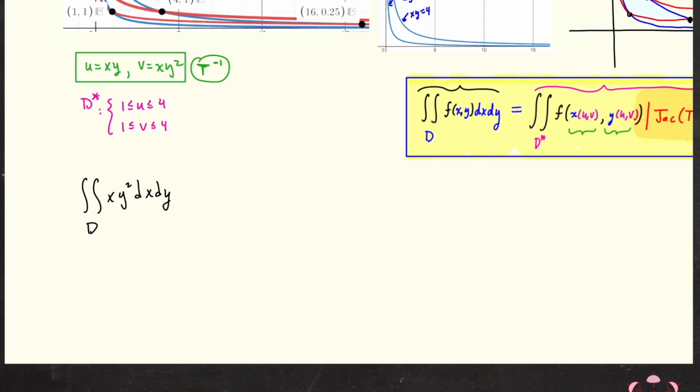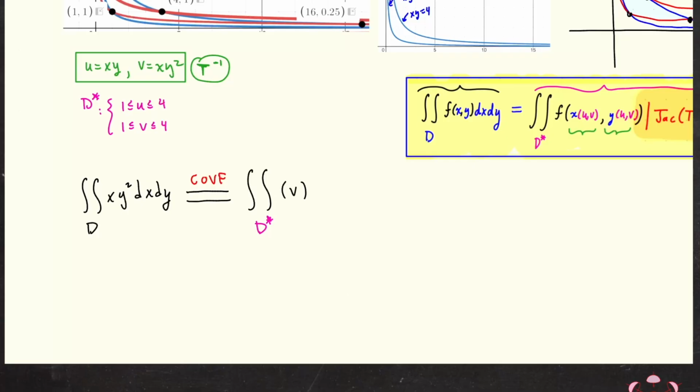Okay, so here we go. The change of variables formula says that this is going to be equal to a double integral over D star of xy squared, but I have to change those into the u and v variables. And oh, we're in luck. xy squared is v.